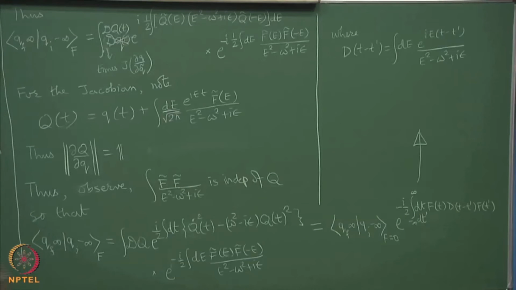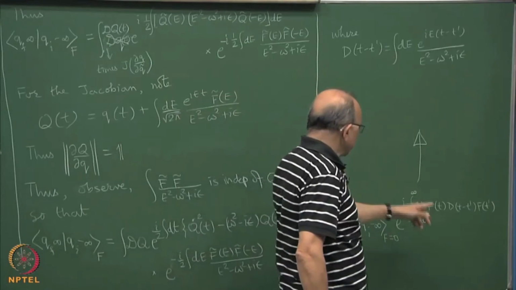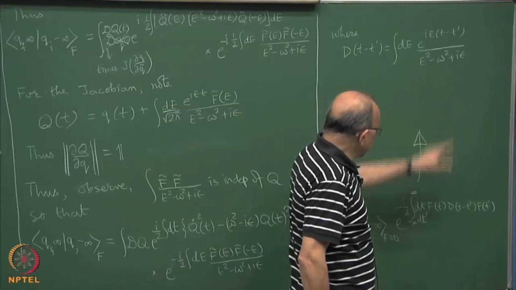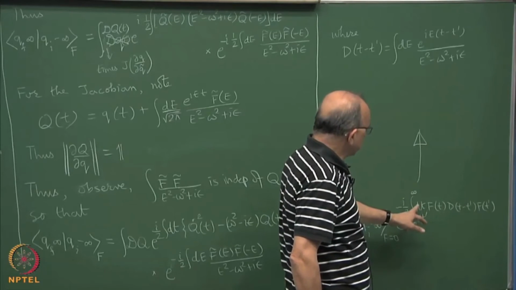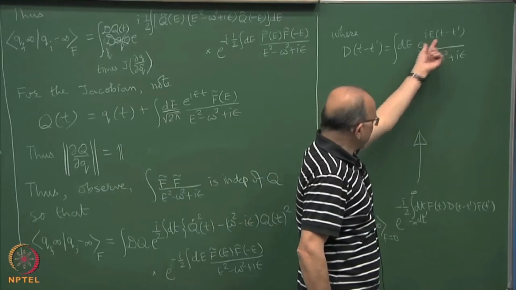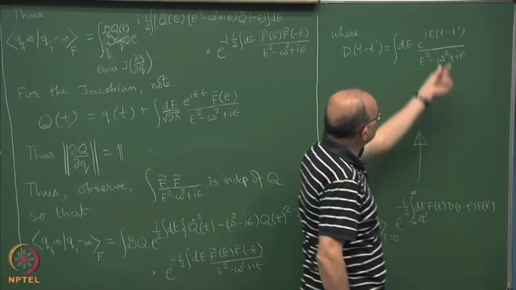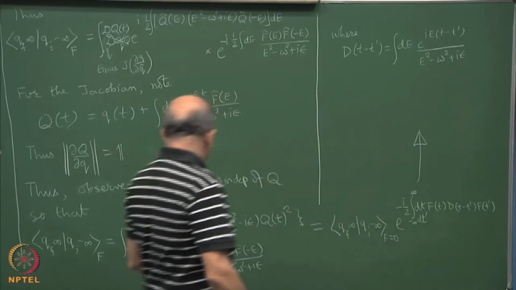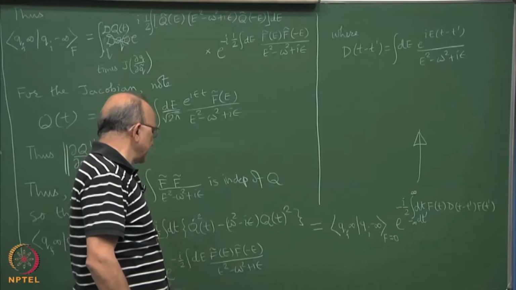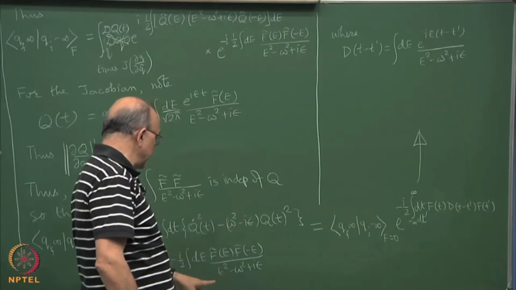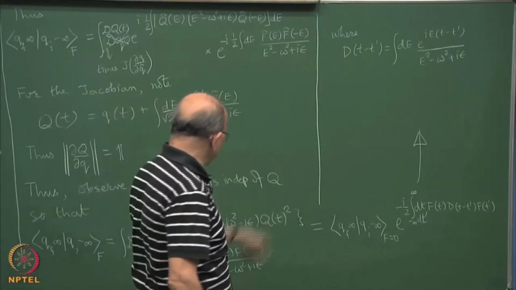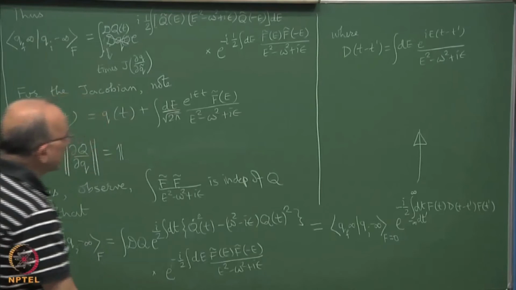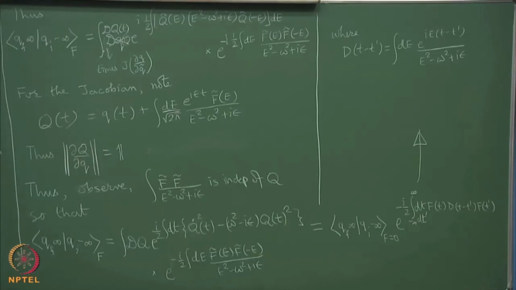So if you take this D of t minus t prime and insert it here, then the denominator will not depend on t or t prime, but you can take e raised to i E t with this f of t and e raised to minus i E t prime with f of t prime and do the dt and dt prime integrals. You will just get f tilde of E and f tilde of minus E and be left with the denominator as is and one dE integration. So this is same as this, and that's an elegant way of recasting, and this is our answer sort of.